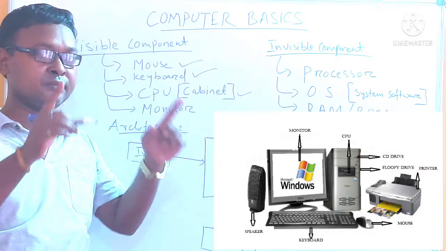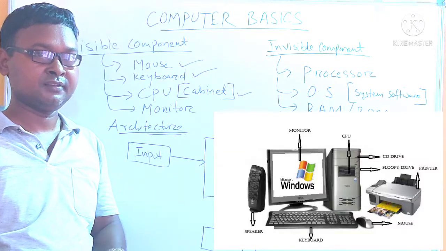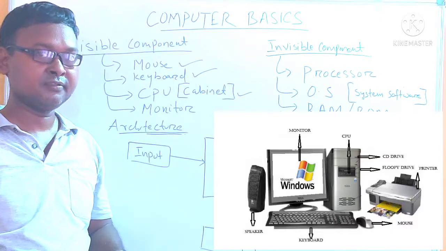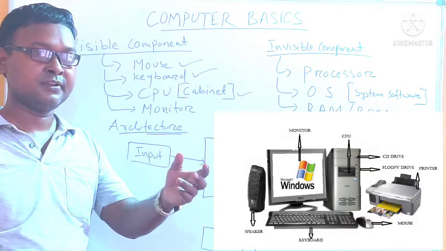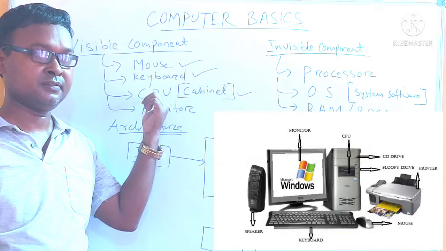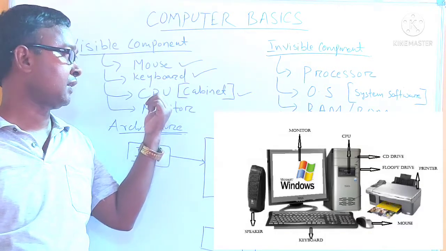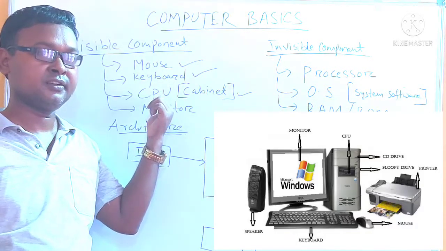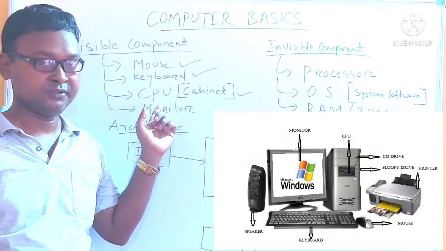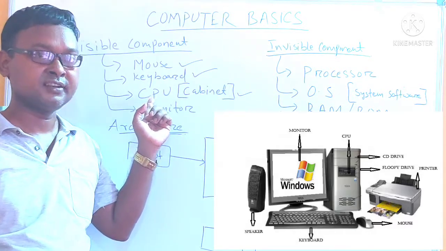In front of you, in your desktop computer system, you might have seen a rectangular cabinet placed. Inside that rectangular cabinet, you will find one chip, which you call a processor. As this chip is very important for your computer system, we call the overall cabinet the CPU also, which stands for central processing unit.